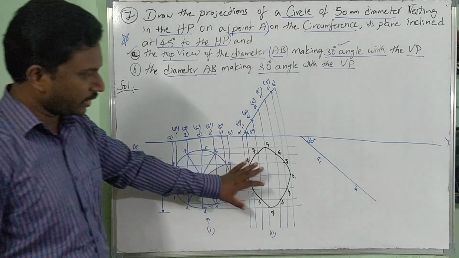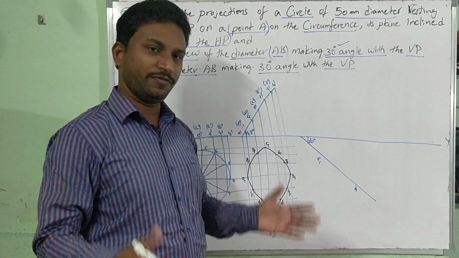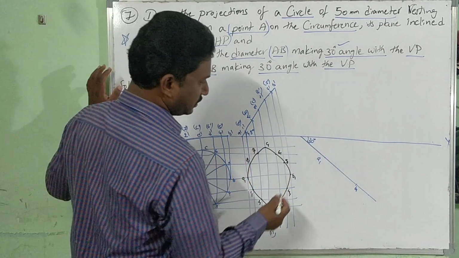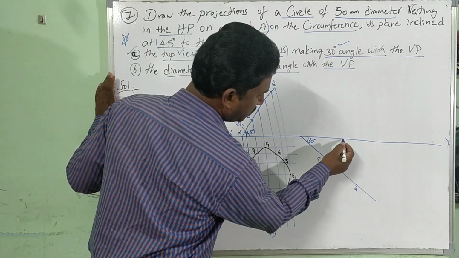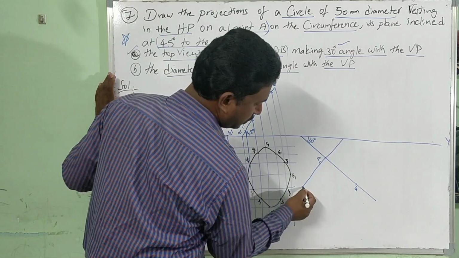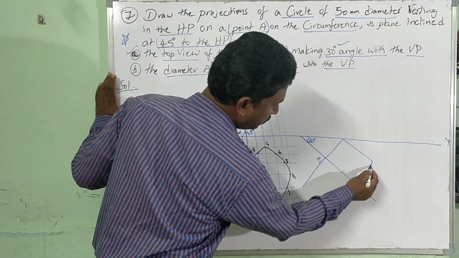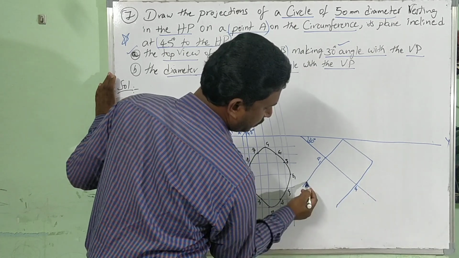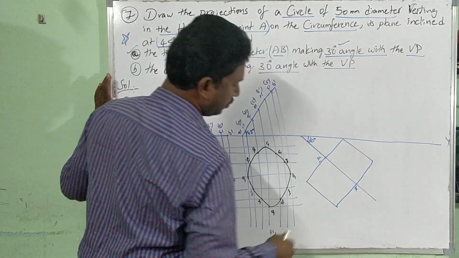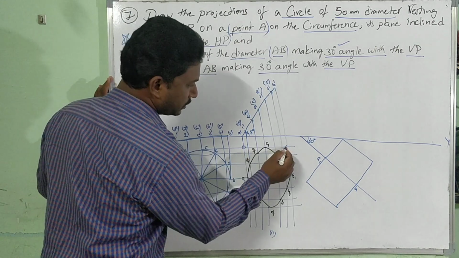You are supposed to reconstruct this ellipse here with the help of the box method. Same, try to draw this. It is already known to you, the box method, how to draw among these boxes.